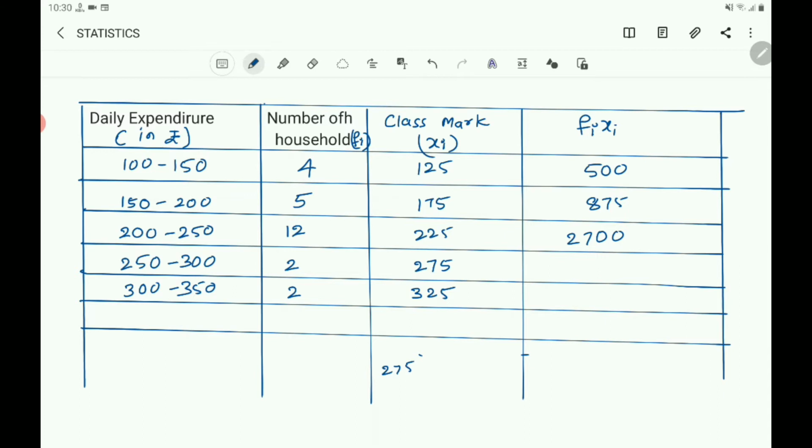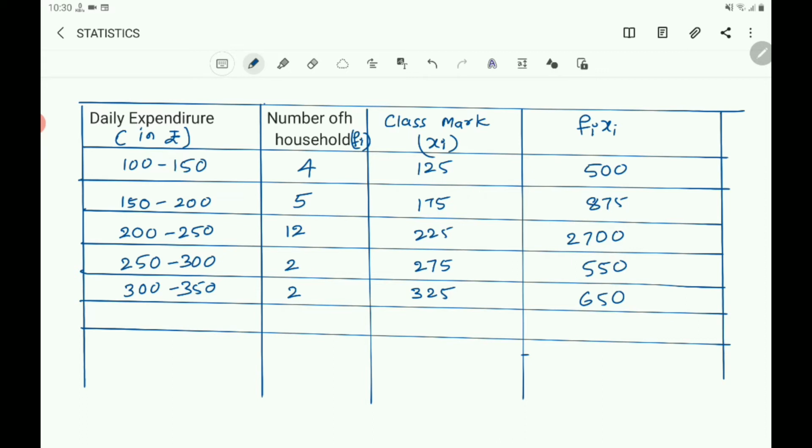You find here 275 into 2, 5 twos are 10, 2 sevens are 14 plus 1, 15, 2 twos are 4 plus 1, 5. You will get 550. Then 325 into 2 is 650. So you take 5 twos are 10, 2 twos are 4 plus 1, 5, 3 twos are 6. 325 twos are 650.